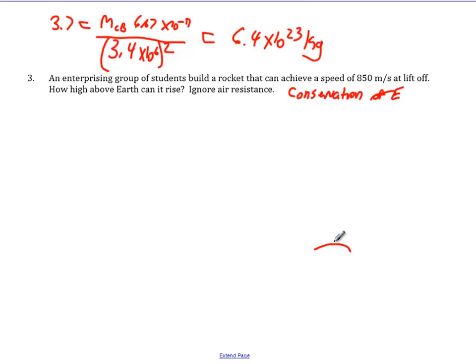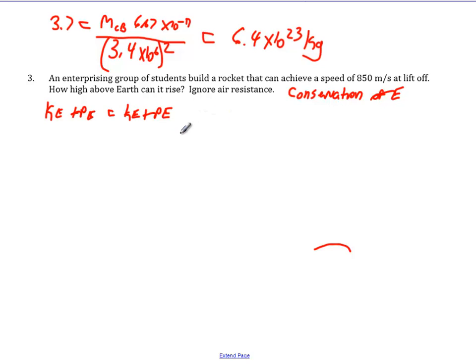Now, for things near the surface of the Earth, we've always been able to say kinetic energy plus gravitational potential energy, KE plus PE, that we start with equals KE plus PE that we end with. But in this case, we have to actually deal with gravity and how it changes, which means we have to use Newton's law of universal gravitation.